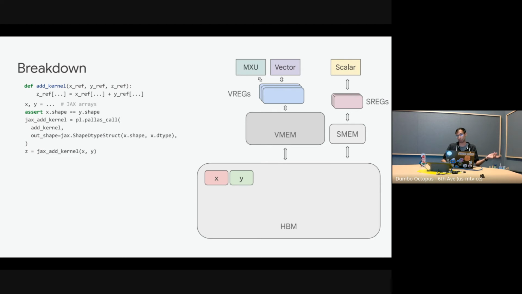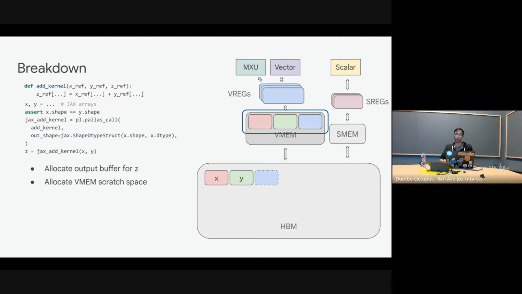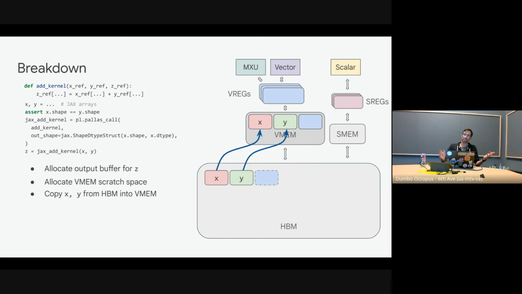So what's happening underneath the hood in this Pallas kernel, if you just call the Jax add kernel, is first we'll allocate an HBM output buffer for Z. We'll then allocate a bunch of scratch space in VMem for this kernel. VMem is basically reset every kernel in most cases. We then copy X and Y from HBM into VMem directly, assuming we have enough space.